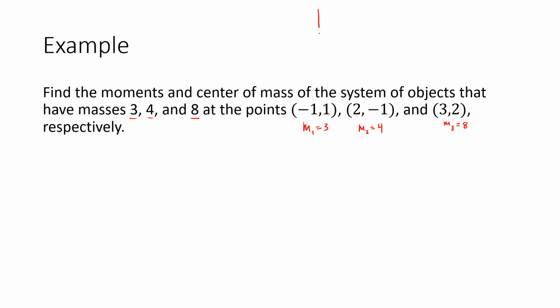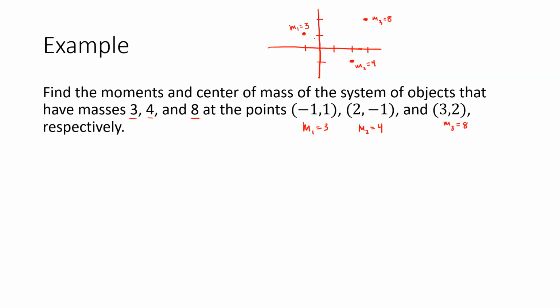Let's graph these points really quick to visualize what we're doing. At the point -1, 1 is where m1 goes, with a mass of 3. 2, -1 is where my second mass goes, with a mass of 4. And then point 3, 2 is where my third mass goes, with a mass of 8.